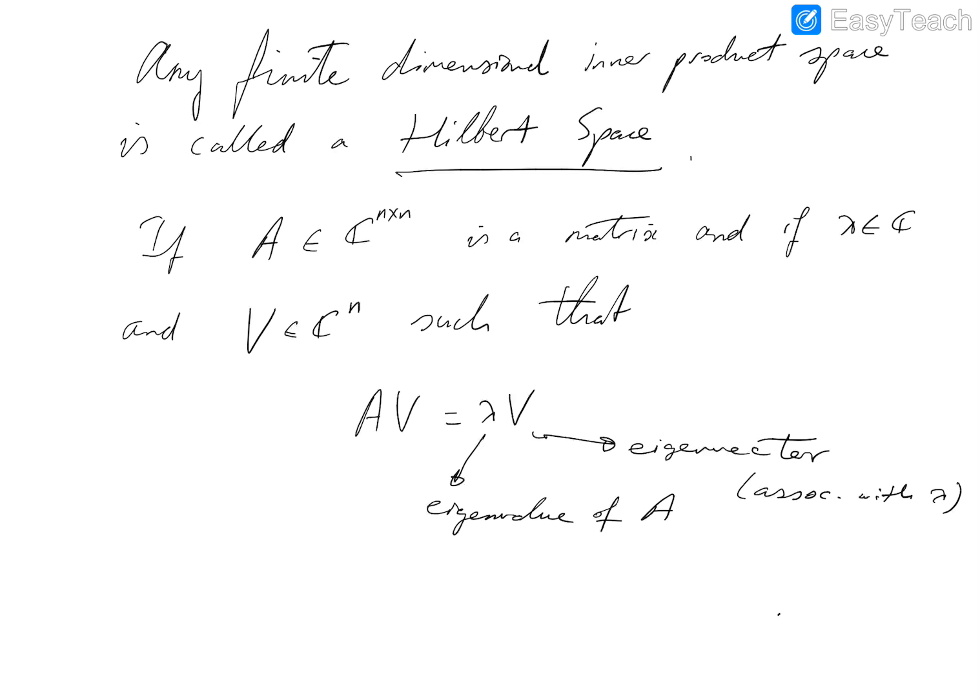Okay, so intuitively this means that when we multiply an eigenvector with a matrix, there's no difference between multiplying that vector with the matrix or multiplying it with a scalar. Okay.